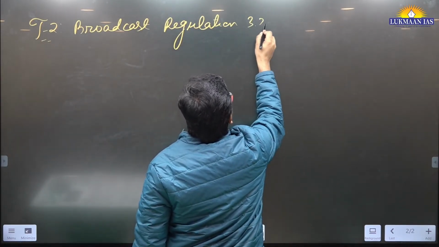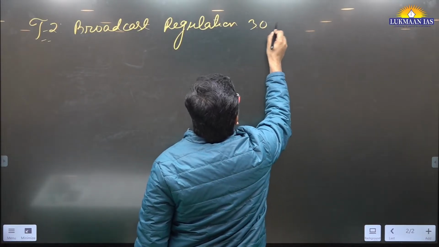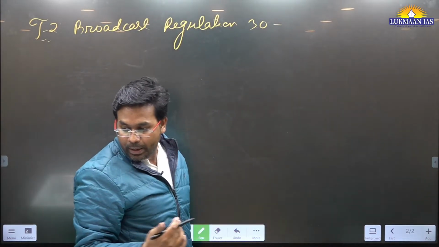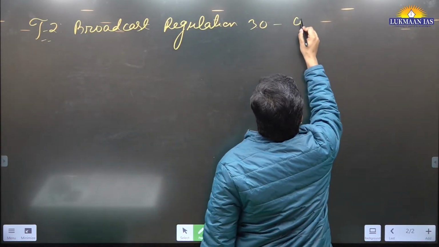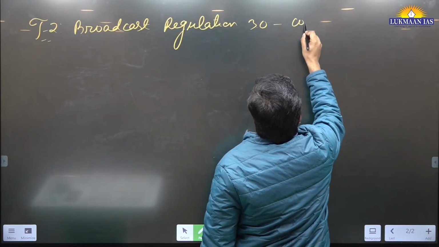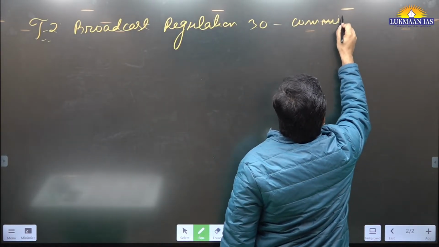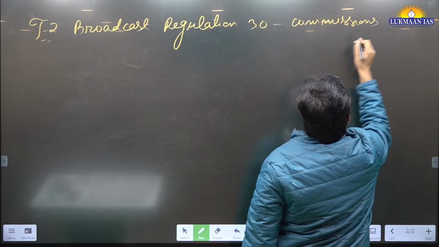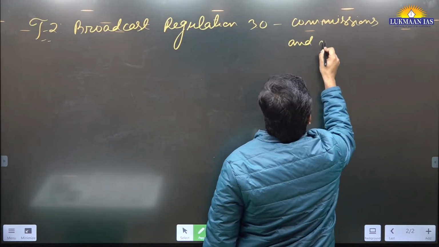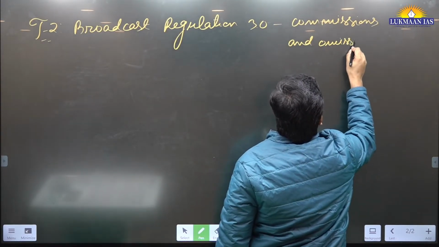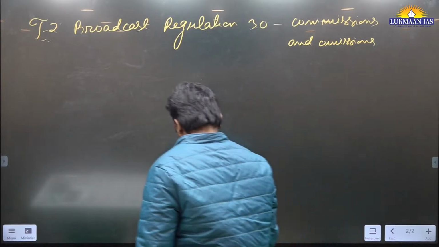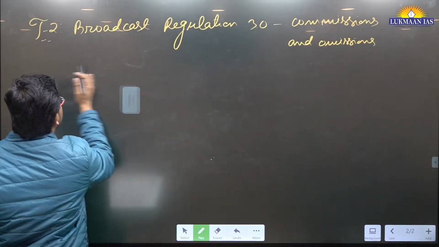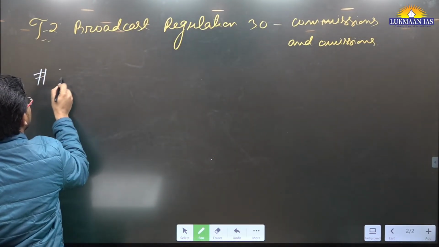Broadcast Regulation 3.0, Commissions and Omissions. All right. So in this article, what is the context?